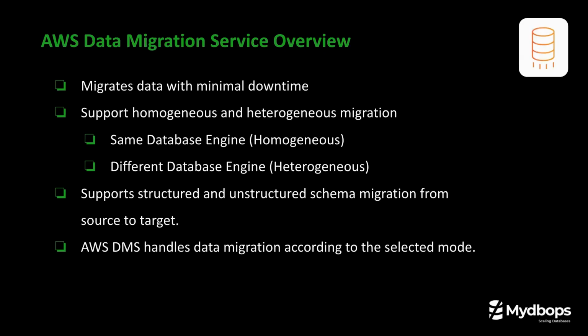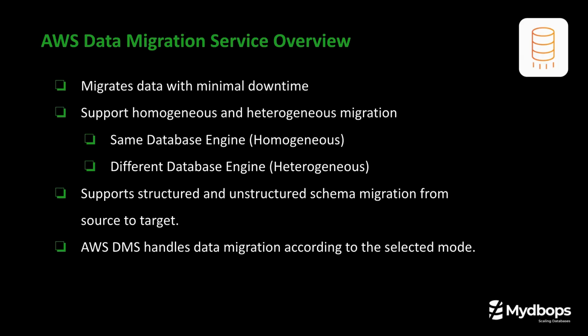Now, let us look at the overview of AWS Database Migration Service. AWS DMS is a completely managed service by AWS that helps us to migrate databases from source to target database with minimal downtime. It supports both homogeneous and heterogeneous migration, and it makes both simple and complex migrations more flexible.